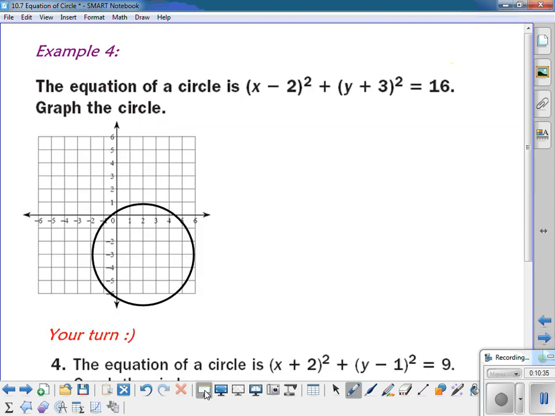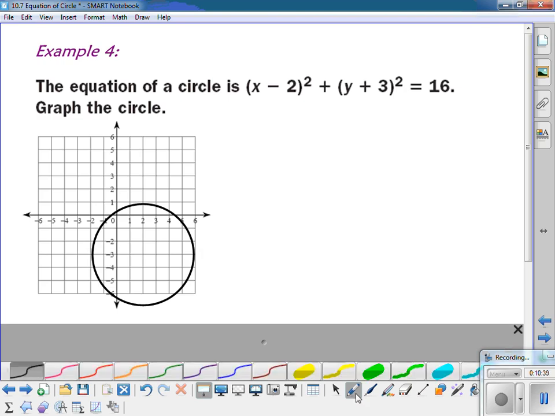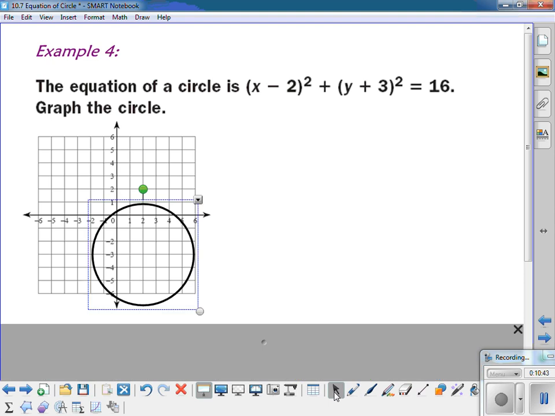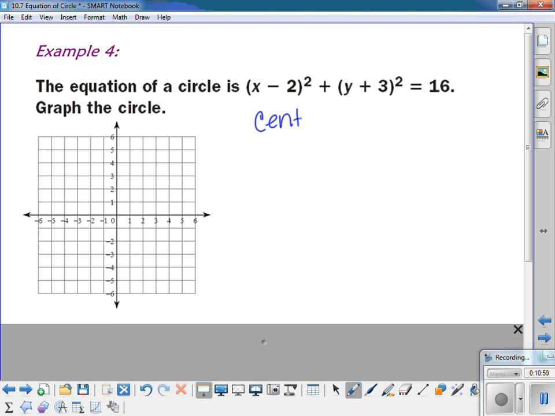Okay, so now for this one, uh-oh, my point got erased. No, here's the problem. I didn't get rid of my circle. All right, there we go. Okay, the equation of the circle is x minus 2 squared plus y plus 3 squared equals 16. So now you're just going to work the other direction and figure out what's the center and what's the radius.